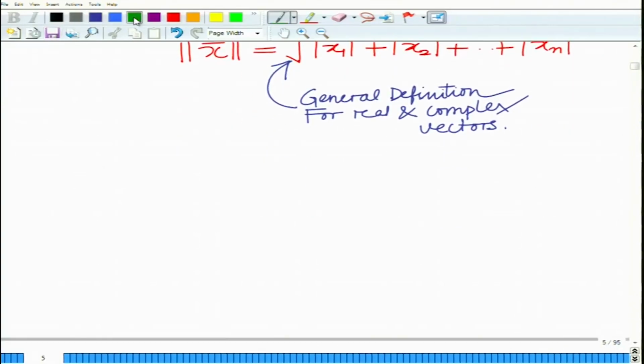Now, a special kind of a vector is obtained as following, that is x tilde equals x bar divided by the norm of x bar. That is, you are taking the vector x bar and dividing it by its norm, and that gives a unit norm vector. So, this vector x tilde is basically a unit norm vector, because you can show that the norm of x tilde is unity.